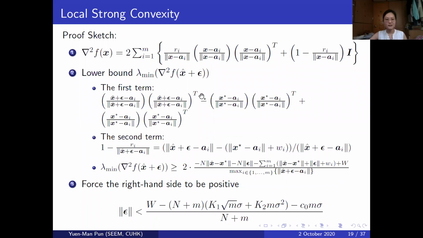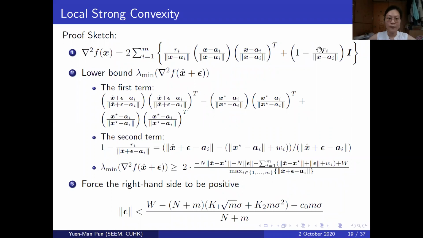So now let's sketch the proof. Because we want to prove local strong convexity, of course we first compute the Hessian. The Hessian is given by the summation of some quantity times the outer product of the vector from some anchors, and some quantity times the identity matrix.